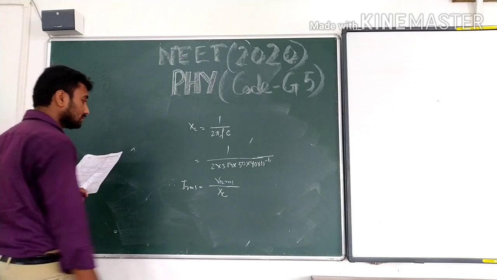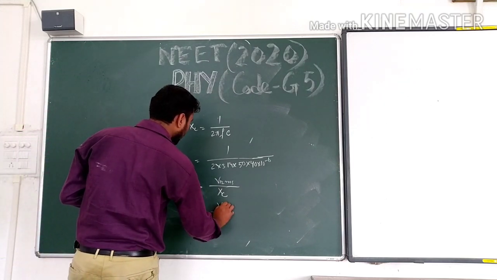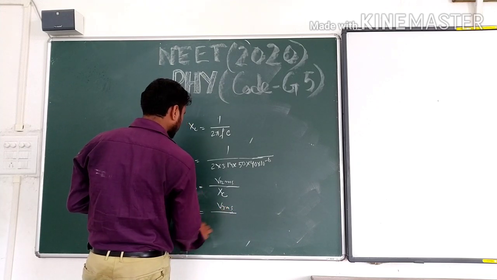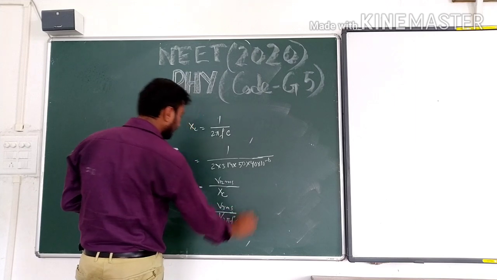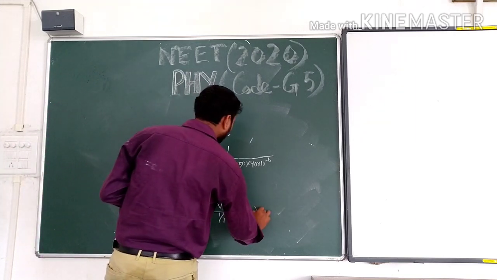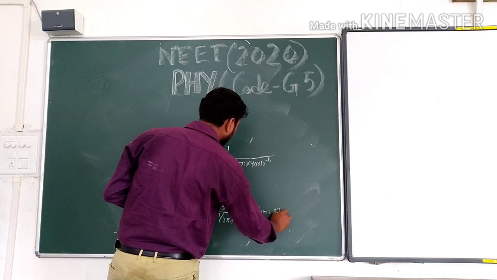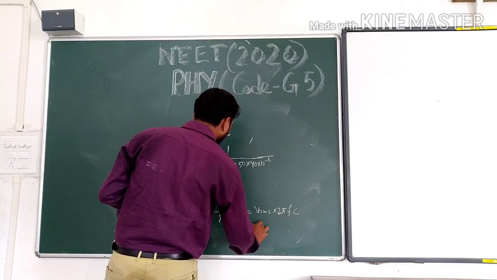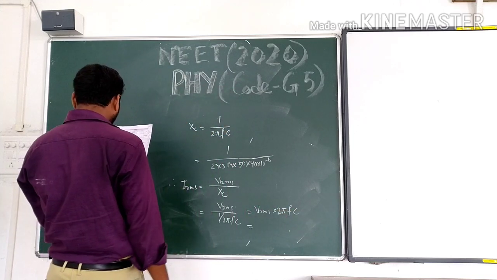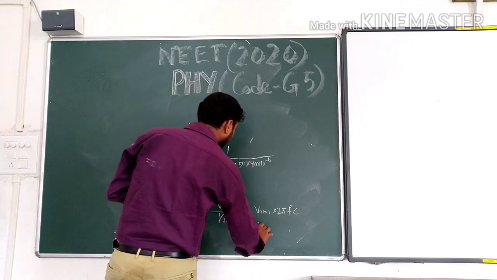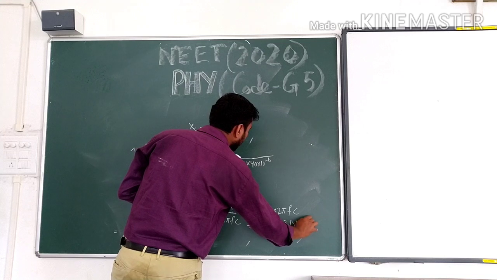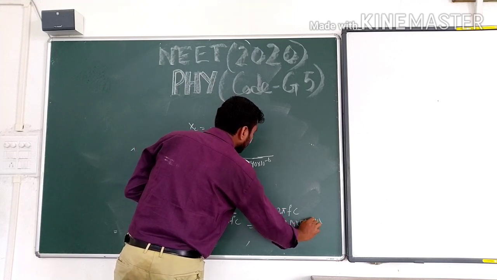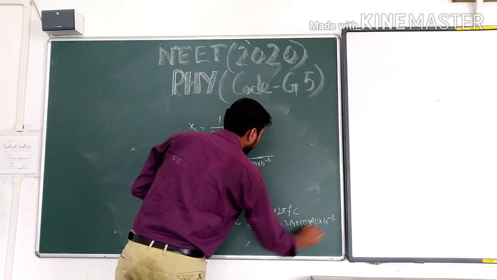So it will be VRMS divided by 1 by 2 pi f C. So it will be VRMS into 2 pi f C. How much is VRMS here? 200 into 2 into 3.14 into 50 into 40 into 10 to the minus 6.